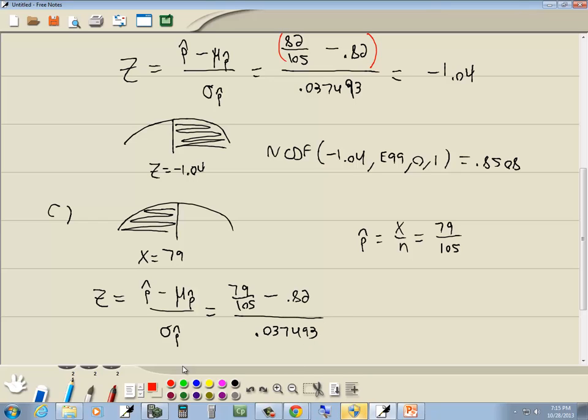Now again, when we plug this in, we'll put parentheses on top. If you have more than a single number or single variable on top or bottom, you have to put parentheses around it.